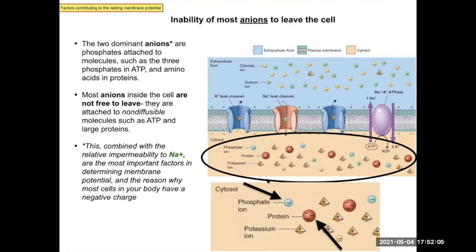It brings it up a little bit, from minus 90 to minus 70. I'm not going to ask you about that, but that's why they're flowing in. And then at that point, there are too many potassium ions based on concentration gradients, and they start to flow out again once it reaches about minus 70. All right, so most anions here, big proteins and stuff, will not get through this membrane. They're stuck in here. That's why your inside is negative.